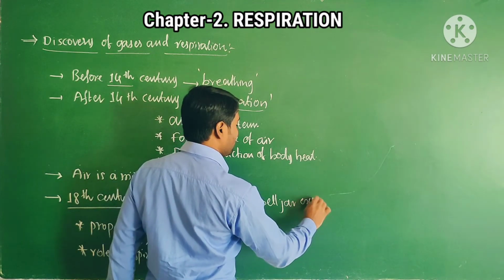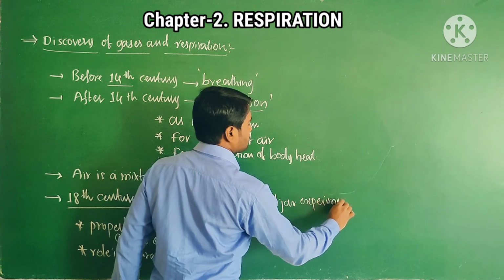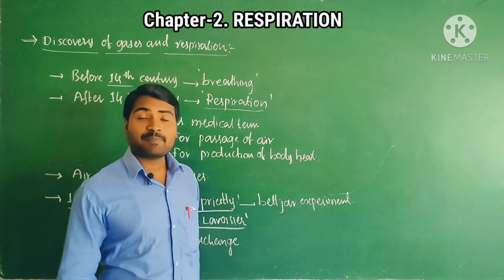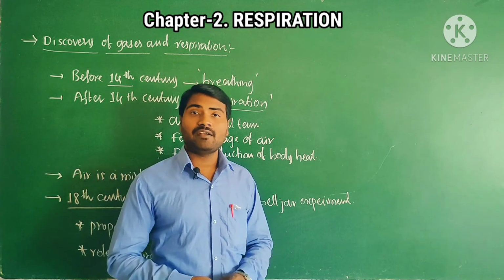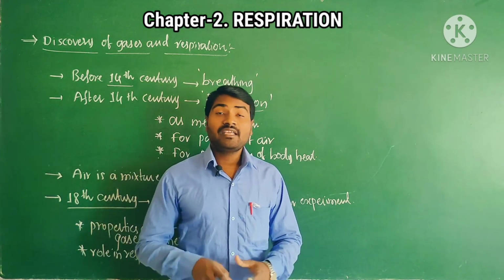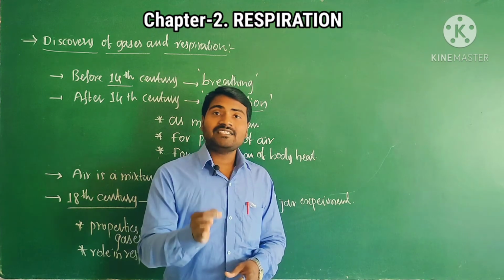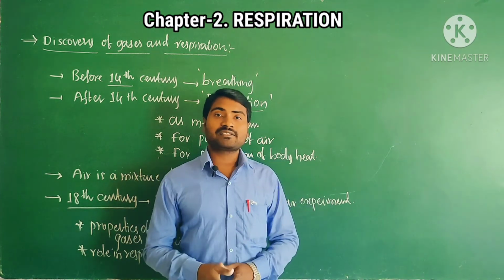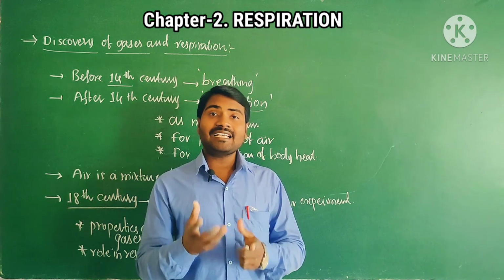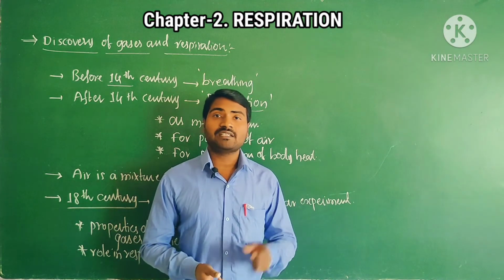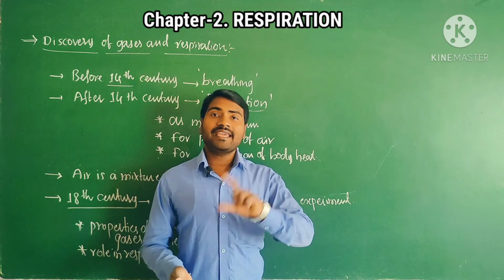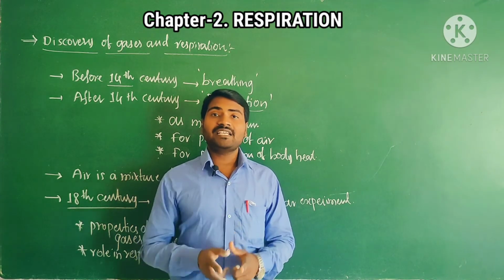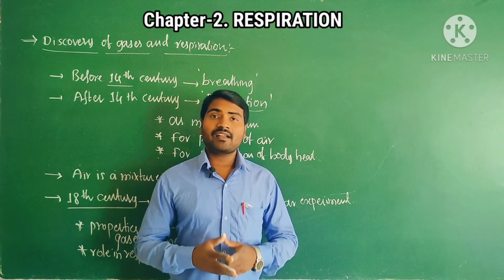In this experiment he proved that gas exchange is going on between plants and animals, and that a gas is needed for the combustion process. Burning of a candle needs a gas. So he proved that exchange of gases takes place among living organisms.